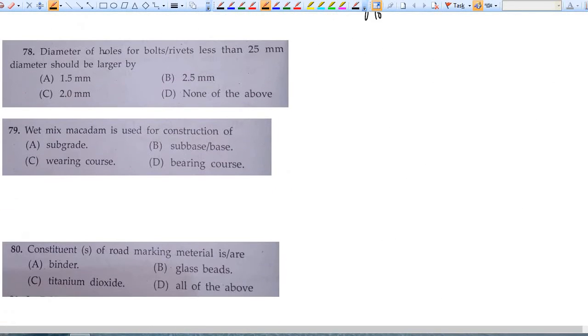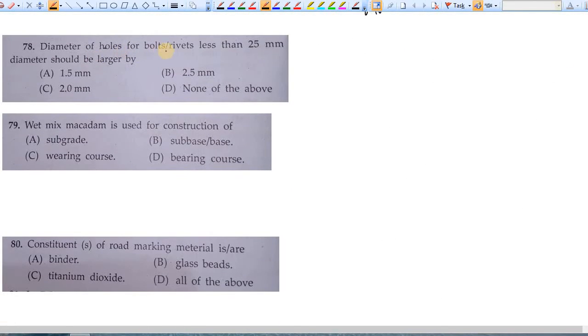Next question: diameter of holes for bolts or rivets less than 25 mm diameter should be... This is a question from steel, and as you have seen, in 2016 there was no question from steel, but in 2014 yes, we have encountered the very first question from steel.